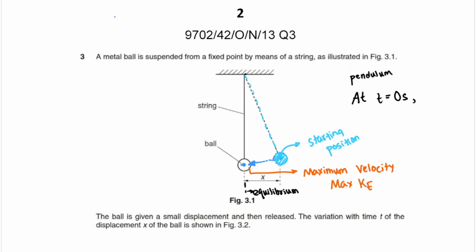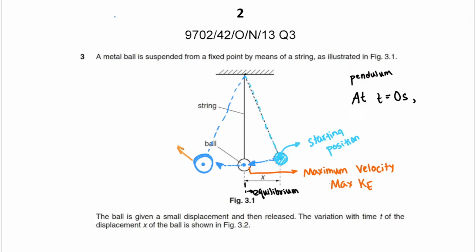The ball will then proceed to move further left until it reaches a position like this over here, where all of its kinetic energy is once again converted into gravitational potential energy.